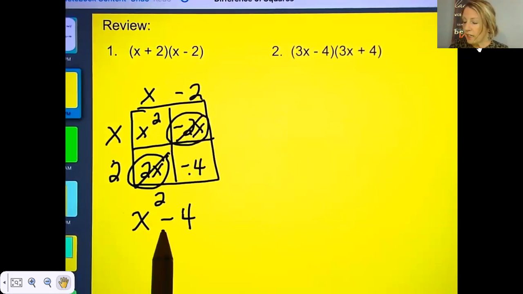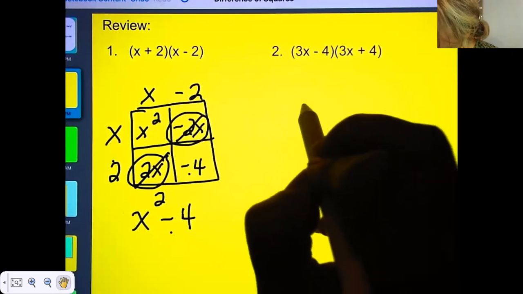There's always going to have to be that minus sign, because we know it's always going to produce a negative constant. And then we're also going to have an x squared term, okay? And if you look at these two terms, x squared is a perfect square, 4 is also a perfect square. So these two have to be perfect squares for this to be difference, meaning subtraction of squares, okay?